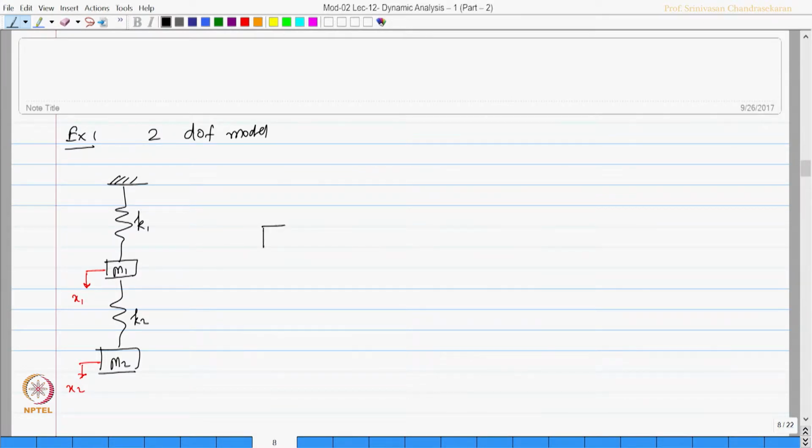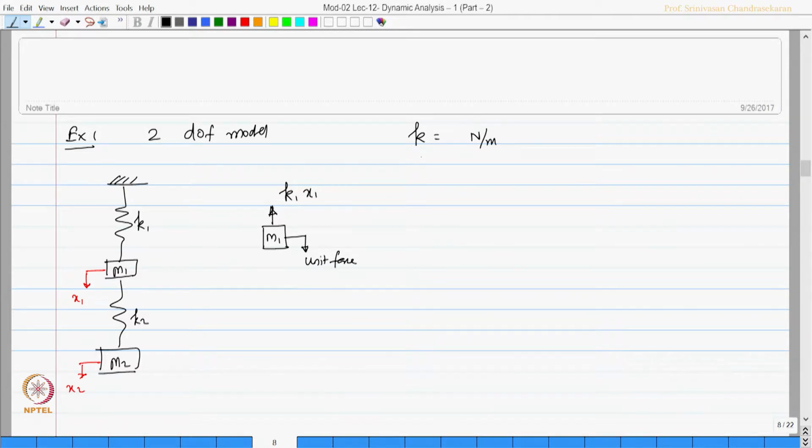Now, this is my mass m1. When the mass is allowed to pull downwards by this x1, the mass will be restored by the spring. So, I give a unit force and it will be restored by stiffness and displacement, because you know stiffness is actually force by displacement.